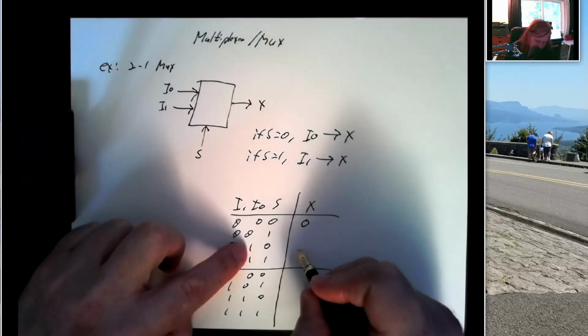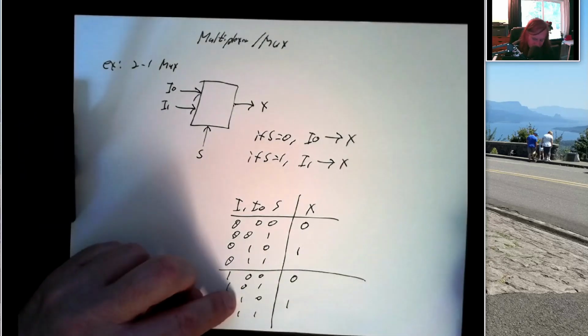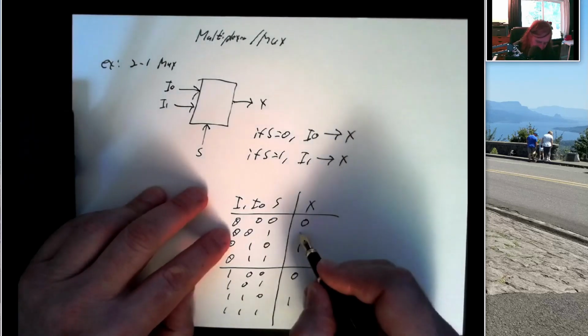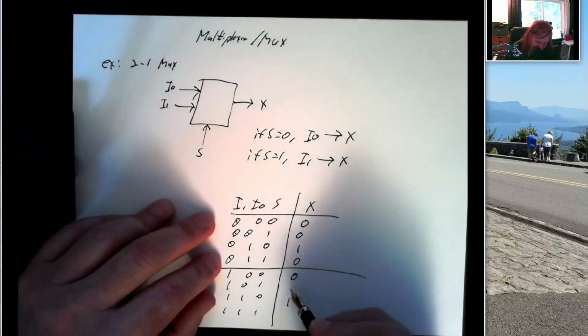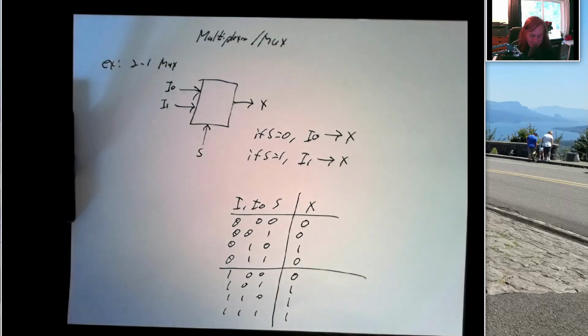So here it should be a 0, here it should be a 1, here it should be a 0, and here it should be a 1. And when S is 1, our output should match I1. So it should be a 0, 0, a 1, and a 1. So it's a plain old truth table, no magic.